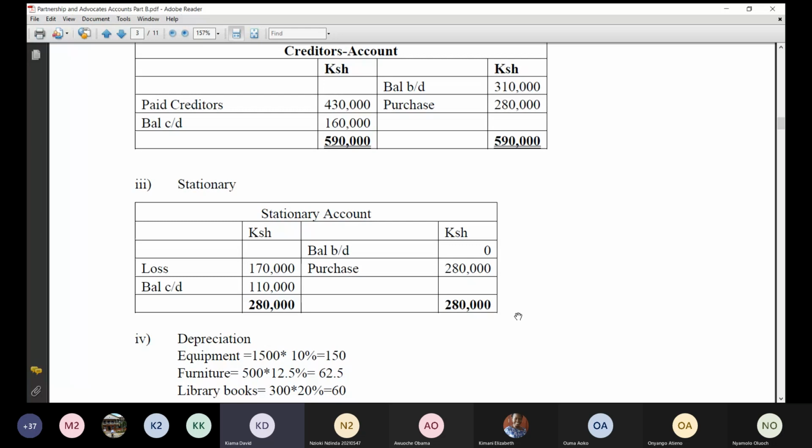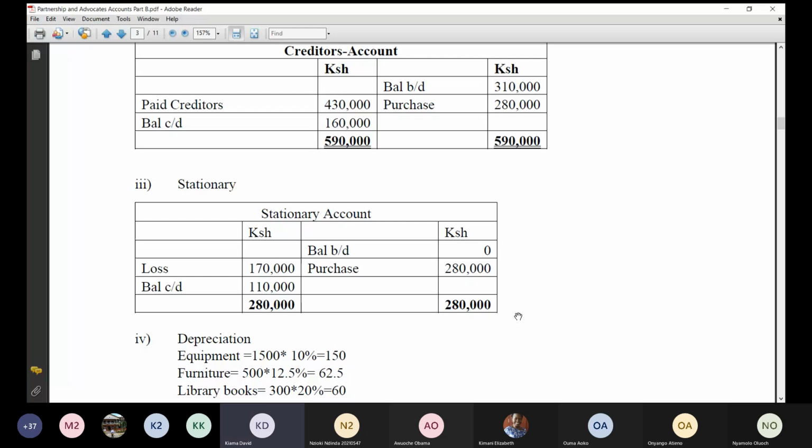Say then within the period, what is at hand is what remained in the inventory, in the stock, and the reduction is what was used instead of terming it as a loss. That is one. Number two.